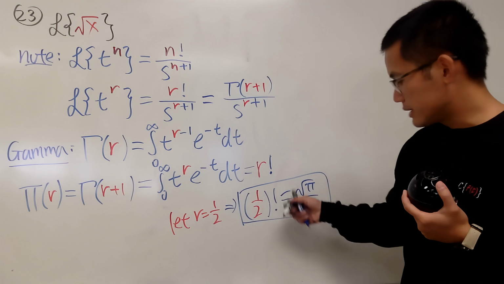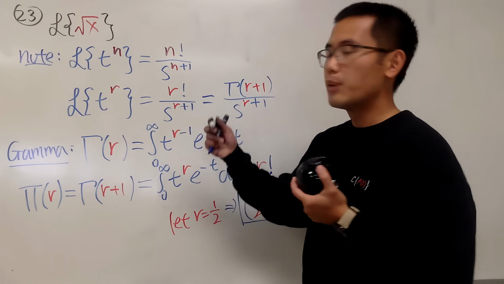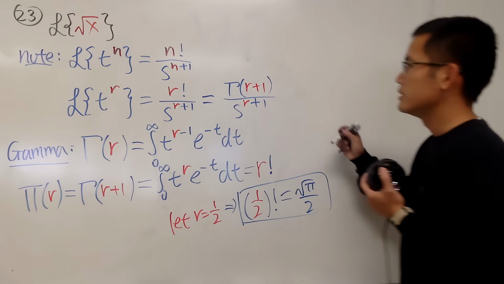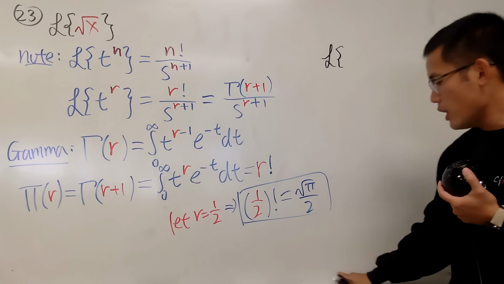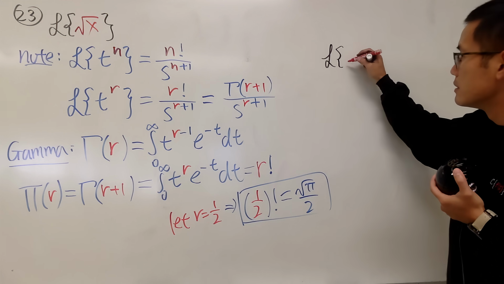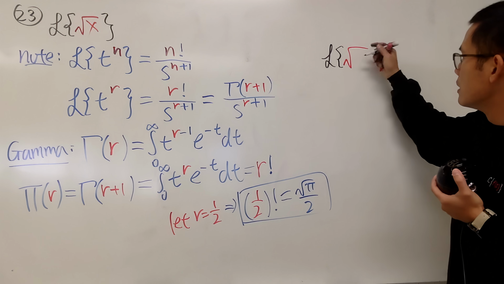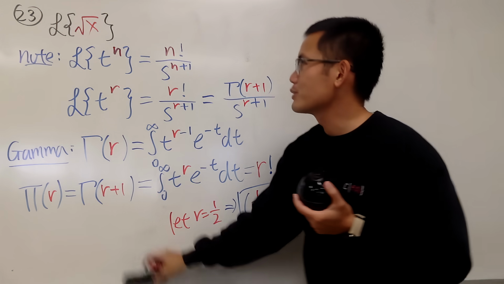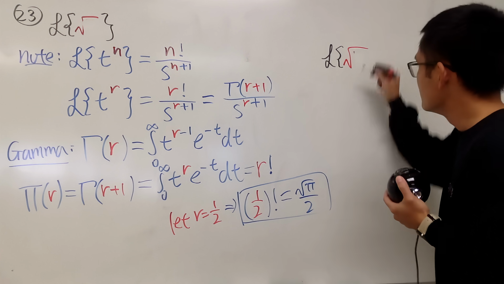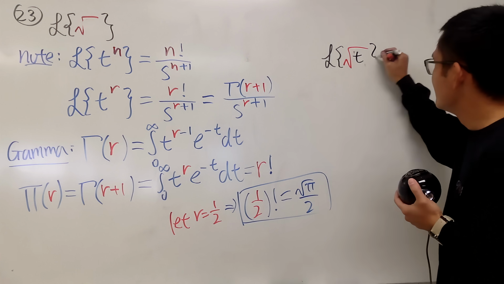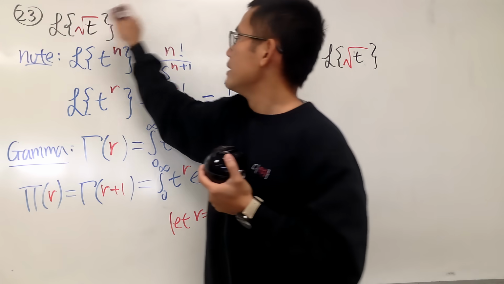So with this being said, this is how we can do it. Now I'll just put this down right here. The Laplace transform of the square root of x. Sorry, no, not square root of x. I'm not using x, I'm sorry, I'm using t. T, square root of t. Yeah?